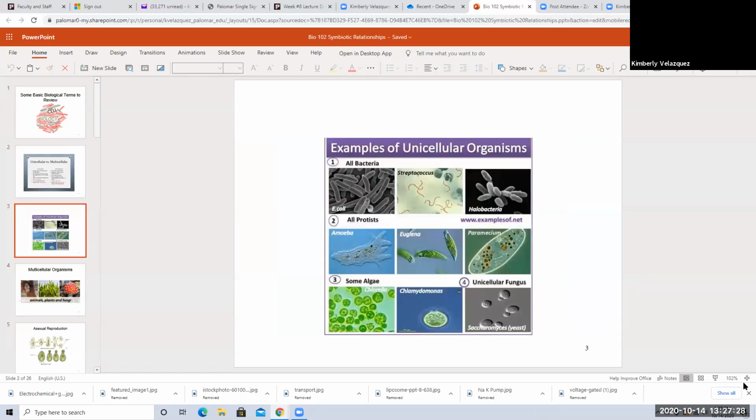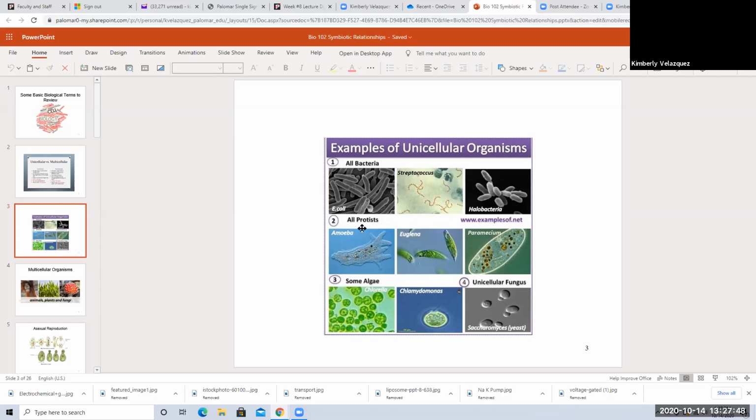Okay, so examples of unicellular organisms: obviously all bacteria are unicellular. All protists are unicellular. The difference is, of course, that bacteria are prokaryotic cells, while protists are single-celled eukaryotes.